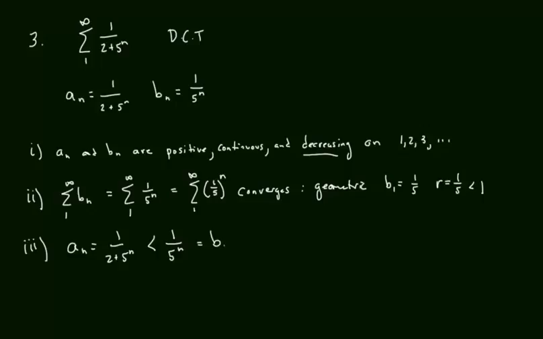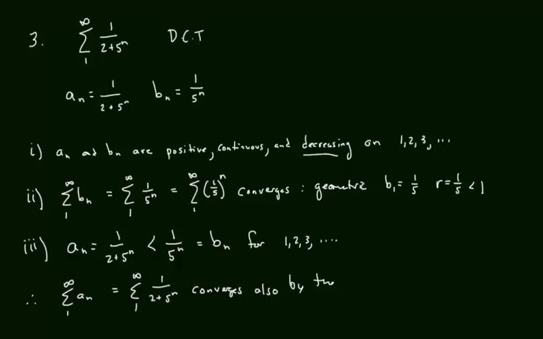So since an is always less than bn, and the series for bn converges, for 1, 2, 3, we would conclude that the sum from 1 to infinity of an, which is the series from 1 to infinity, 1 over 2 plus 5 to the n, converges also by the direct comparison test.